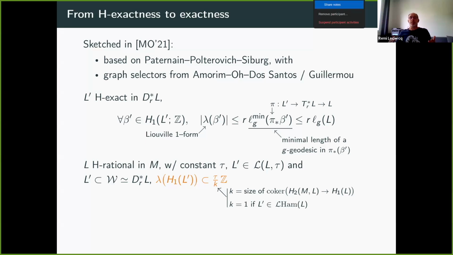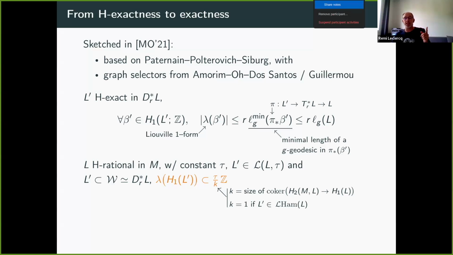Where k, so remember, either you want to prove this for Hamiltonian perturbations of L, and then you can safely take k equal to 1, or you want to take it in a much more general family, but then you know that the inclusion of L inside M vanishes at the level of H1 with real coefficients.